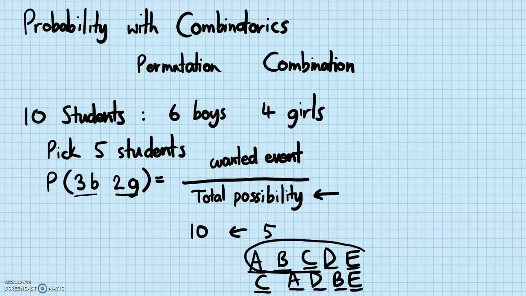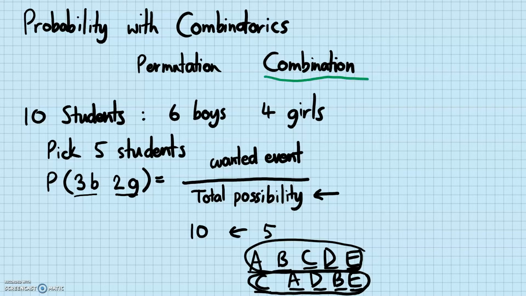I chose 5 students here, and I chose 5 students here, and those 5 students happen to be the same 5 students. So the order doesn't really matter here. I'm just choosing 5 students from a group of 10 students. So in this case, we will be using the combination.